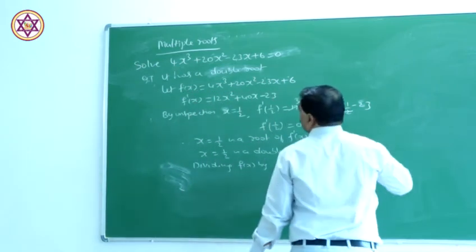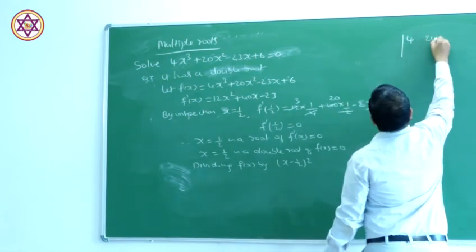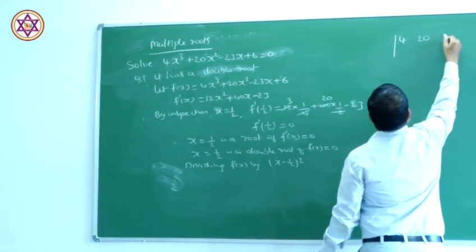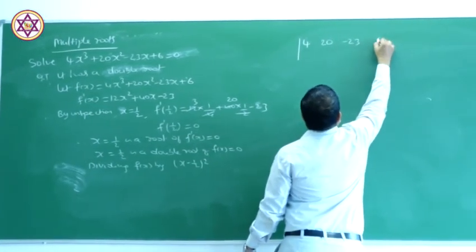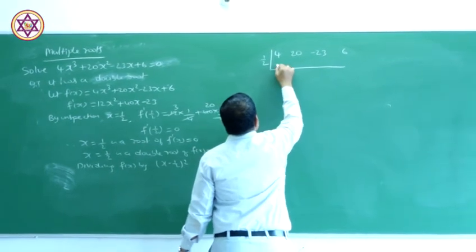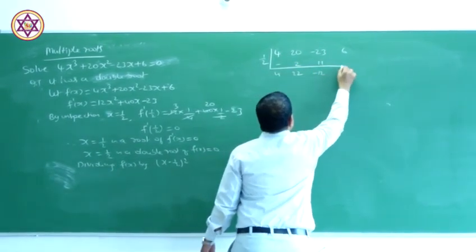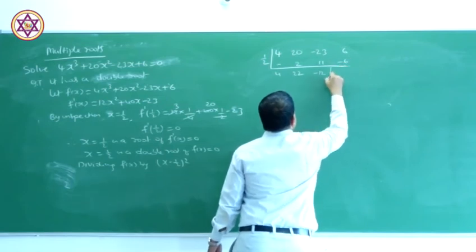We get by synthetic division, so 4, 20, minus 23, 6. So we take half. First term write down as it is, 2, 22 means 11. So we get minus 6.